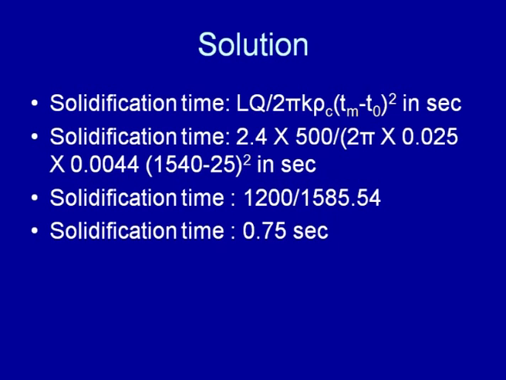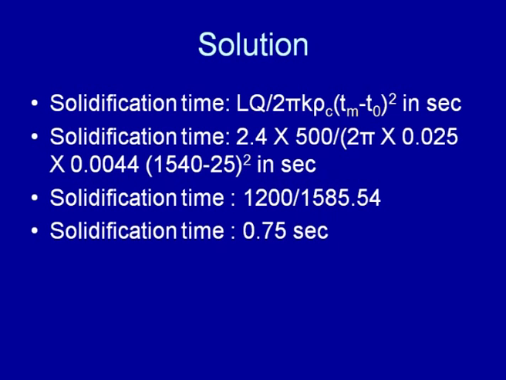So, on putting in the values of the different terms, the solidification time is 2.4 multiplied by 500 divided by 2 pi multiplied by 0.025 into 0.0044 into 1540 minus 25. On simplifying this, we get a solidification time of 0.75 seconds.